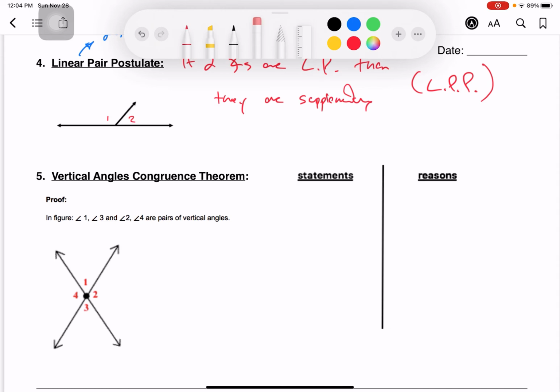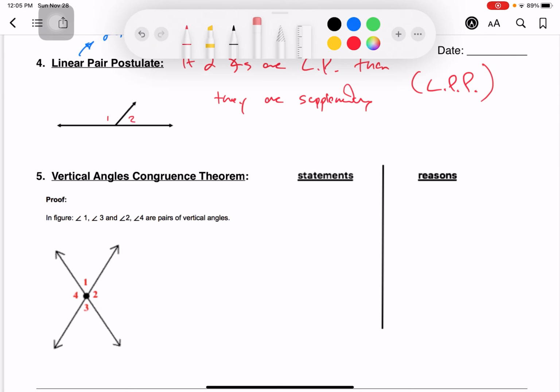Okay, so vertical angle congruence theorem. Some of you might have already heard about this. Some of you might have an idea about what the definition of vertical angles is. Vertical angles, if you remember, are angles which share a vertex and whose sides form opposing rays.